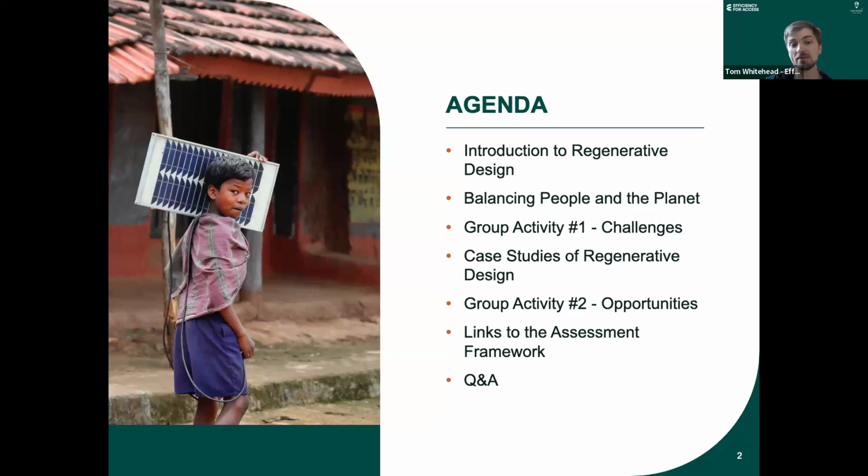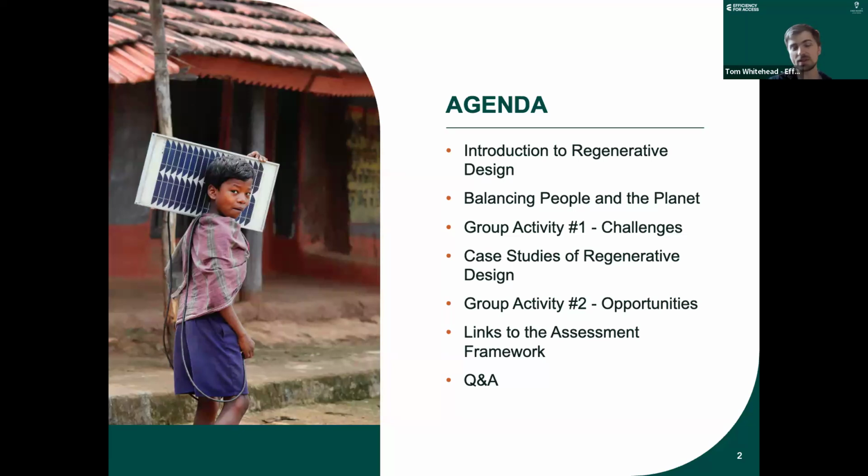And then we're going to start thinking about the context that you may be thinking about for where you're going to base your design, your efficient appliance, and what challenges people are facing in that place and the environment is facing in that place. And then look at some case studies of regenerative design that are at different levels of the spectrum, but will hopefully give you some tangible examples.